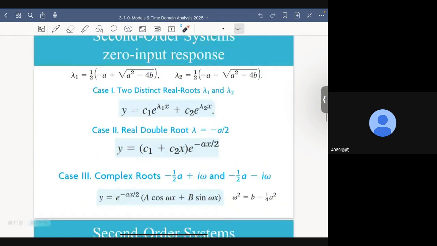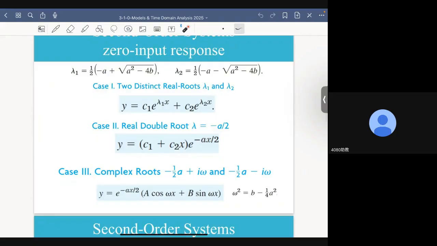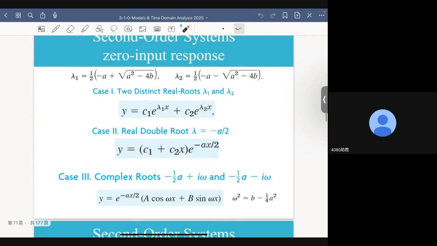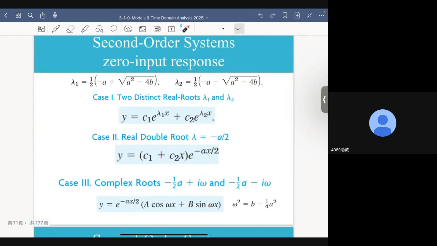All right, now let's go back to our original problem, which is to determine the zero input response of the system. Now, how do we do that? In the course of engineering mathematics, we learned that before.